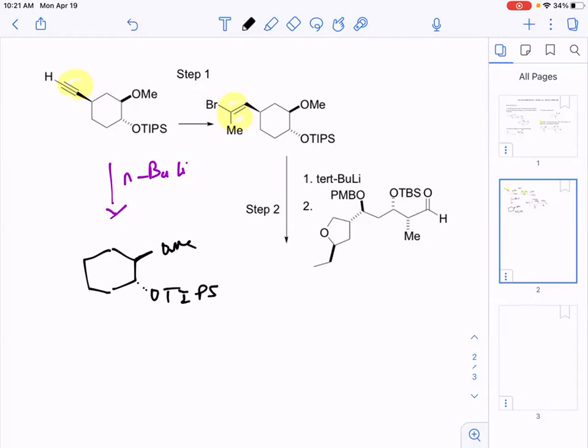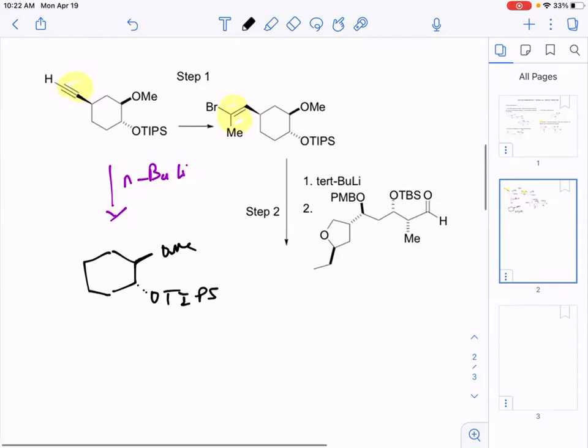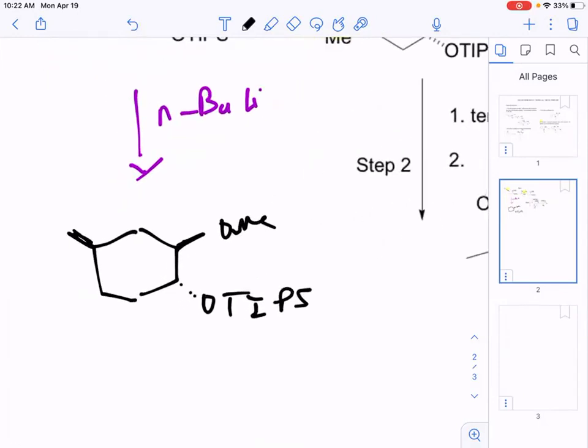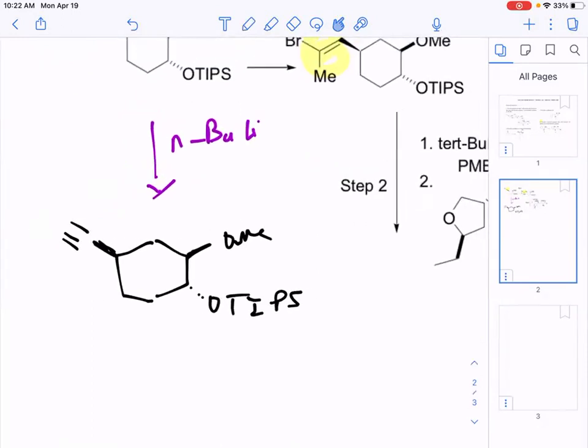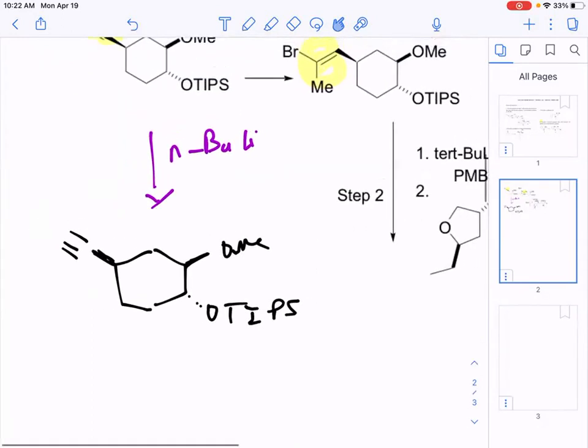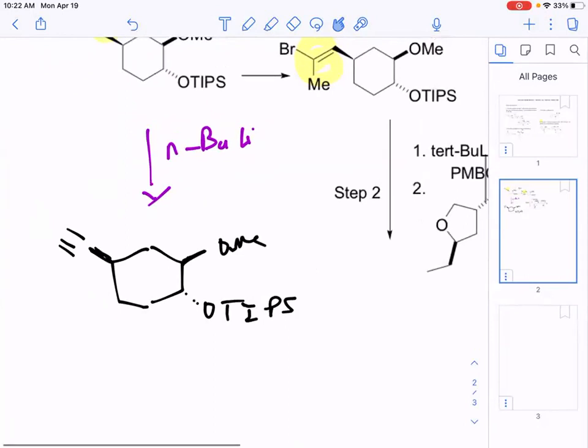And then the alkyne is going to be here, but it's now lithiated. So with that in hand, you can easily add that methyl group in with no problem, right?